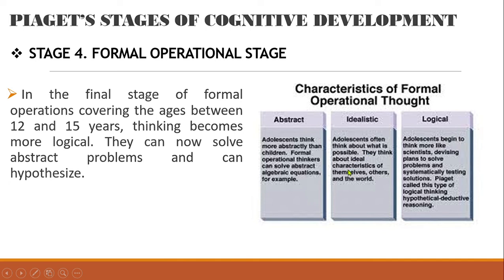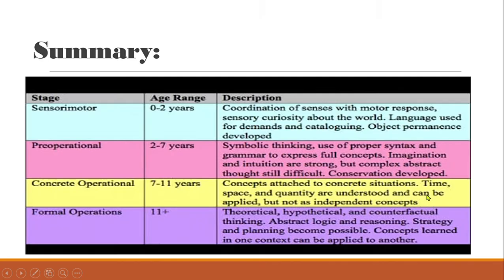They think about ideal characteristics of themselves, others, and the world. In logical, adolescents begin to think more like scientists, making plans to solve problems and systematically testing solutions. Piaget called this type of logical thinking hypothetical deductive reasoning.